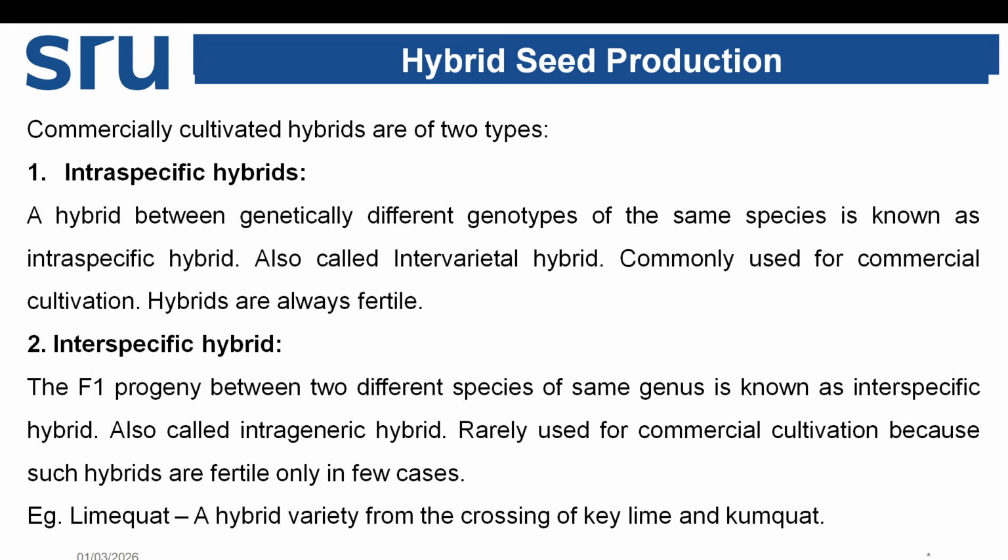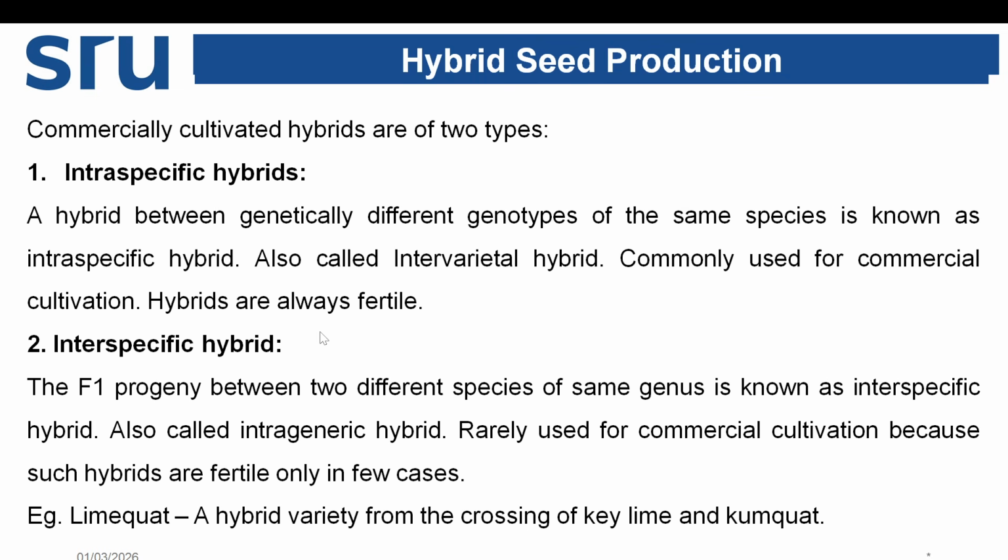This intraspecific hybrid is also called an intervarietal hybrid. This type of hybrid is commonly used for commercial cultivation, and this type of hybrid is always fertile. So that's why they are commonly used for commercial cultivation.